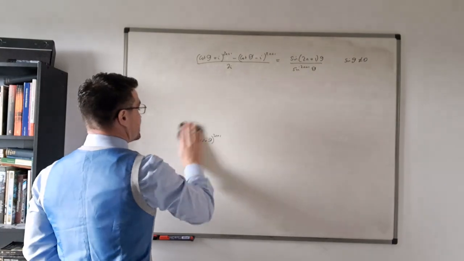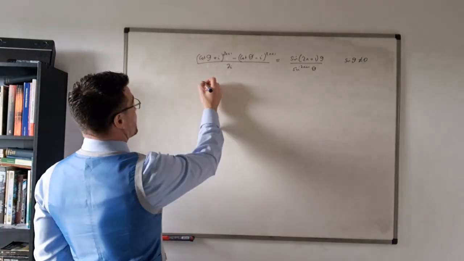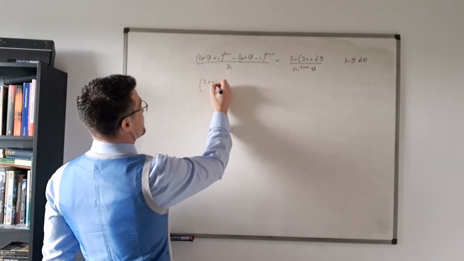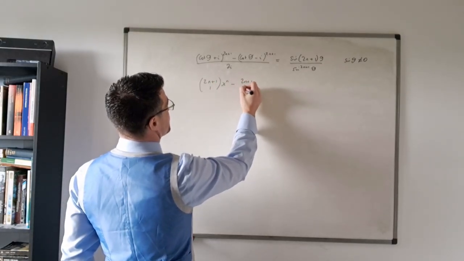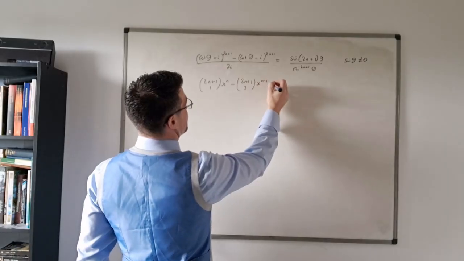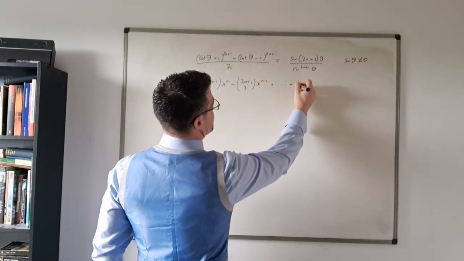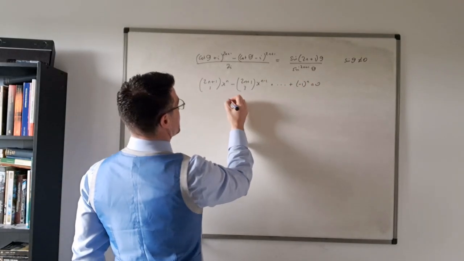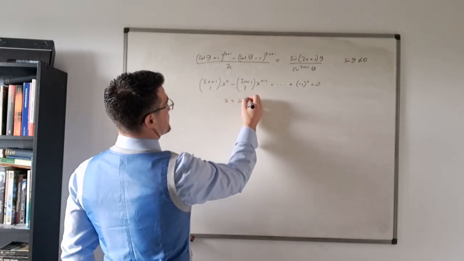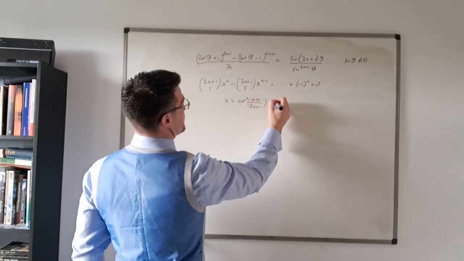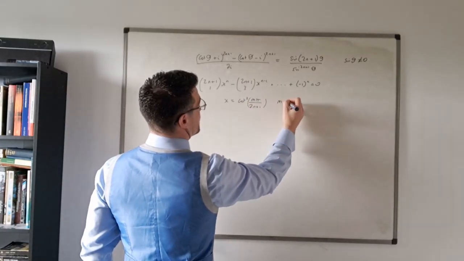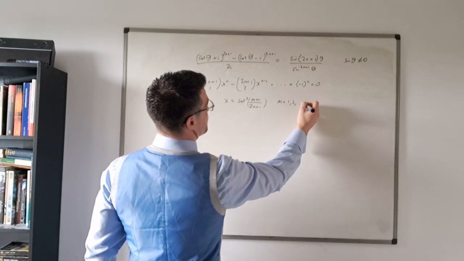which is as follows. I'm just going to have to write something up here. So 2n plus 1 choose 1 x to the power of n minus 2n plus 1 choose 3 x to the power of n minus 1 plus up to minus 1 to the power of n equals 0, cot squared m pi over 2n plus 1, m equals 1, 2, up to n.